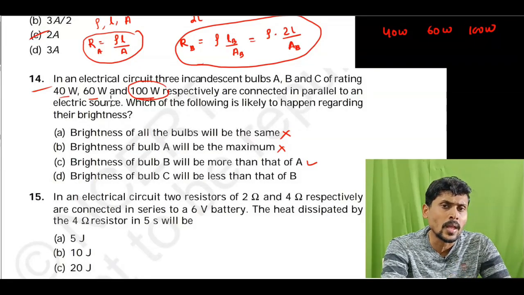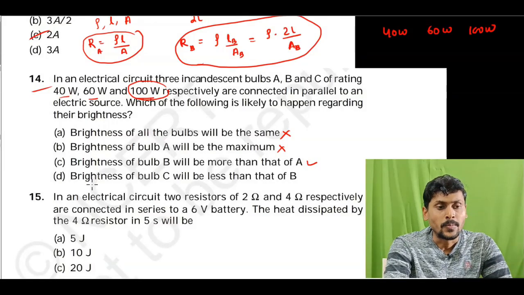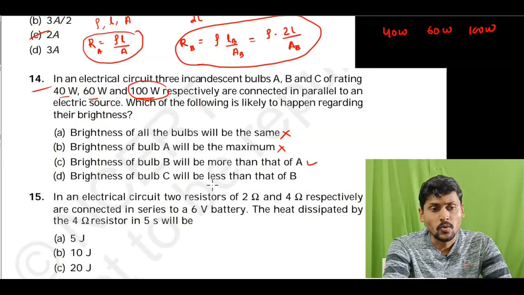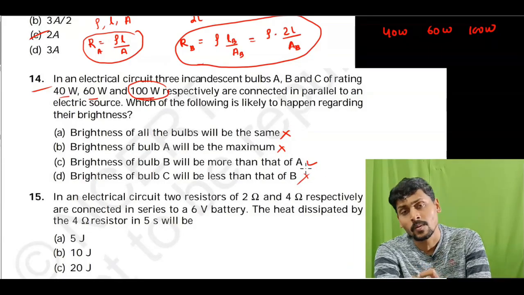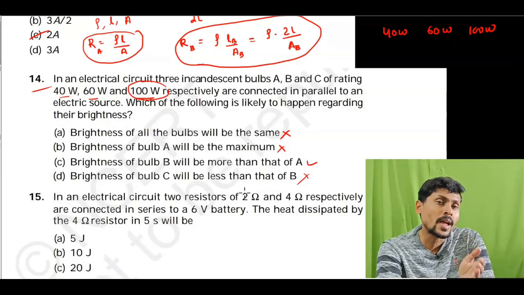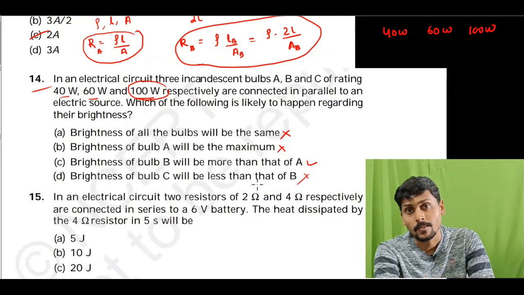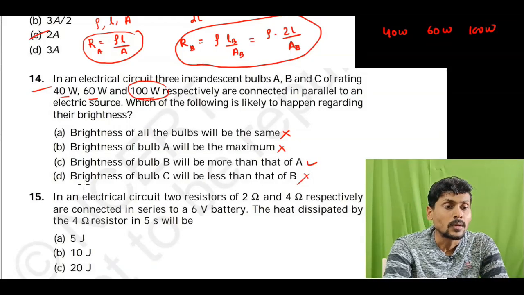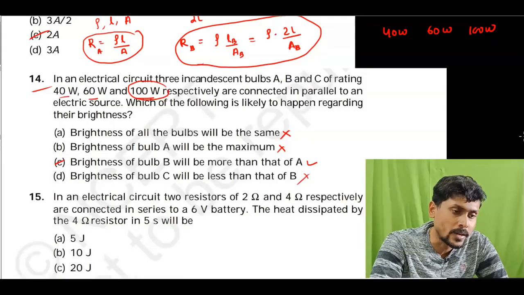Brightness of bulb C will be less than that of B. This is wrong, because C has maximum power, so it will have more brightness than B. So option C is the correct option.